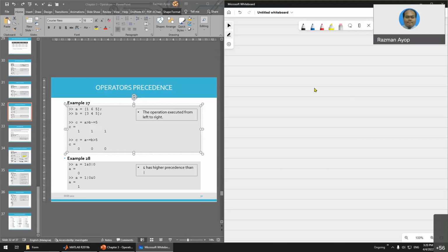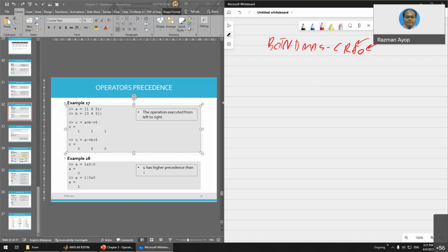So of course, for this one, recall the precedence, brackets, order, division, multiplication, addition, subtraction, comparison, relational. For this case, remember that N has higher precedence than O. So you have to solve 1 and 0 first.